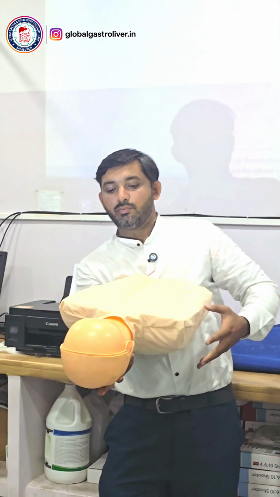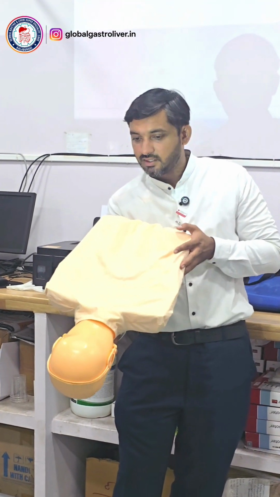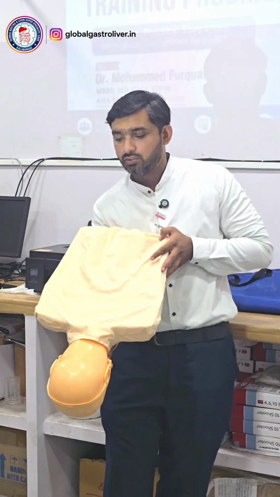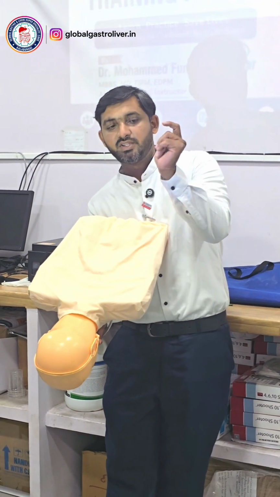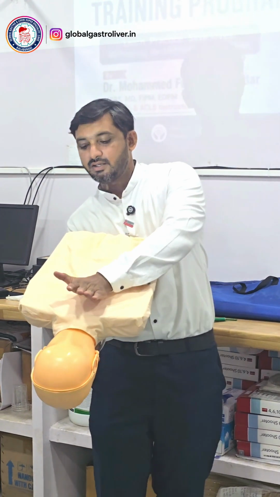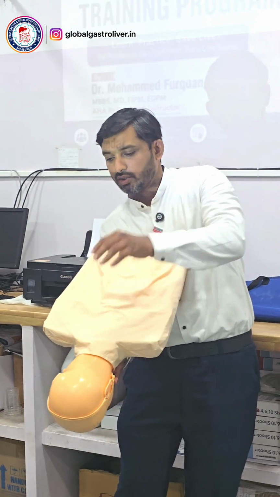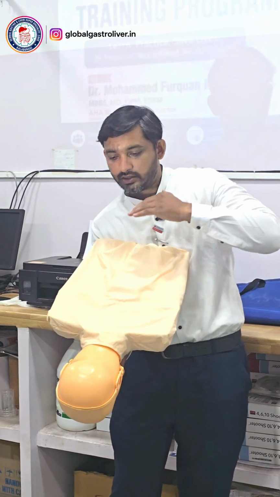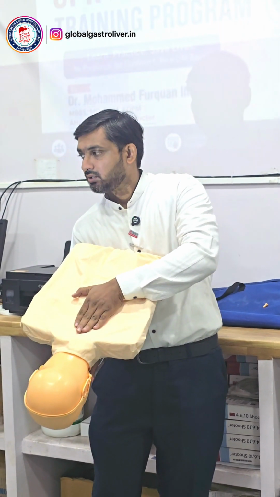You hold with 2 fingers and place the baby on one hand, with one leg falling here, one leg falling there, supported. Then, in between the 2 scapulae, with the palm of the hand, you hit 1, 2, 3. Hit hard so that the foreign body gets expelled. Don't hit like this. Hit hard.